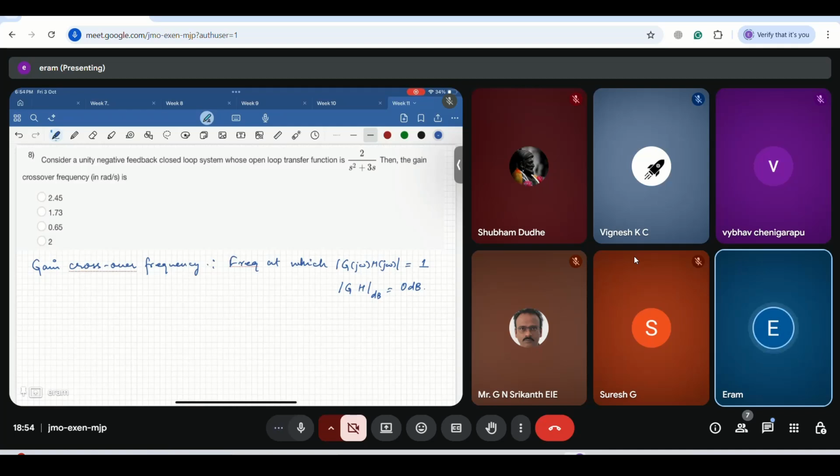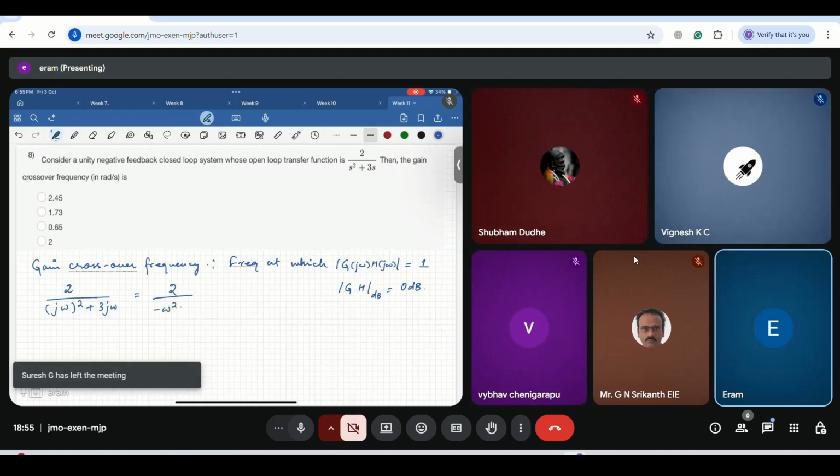Okay, let's solve it. So first we need to write our transfer function in j omega form. So that will be 2 over (j omega) square plus 3j omega. That will be equal to 2 over minus omega square plus 3j omega. Okay. So what is the magnitude?